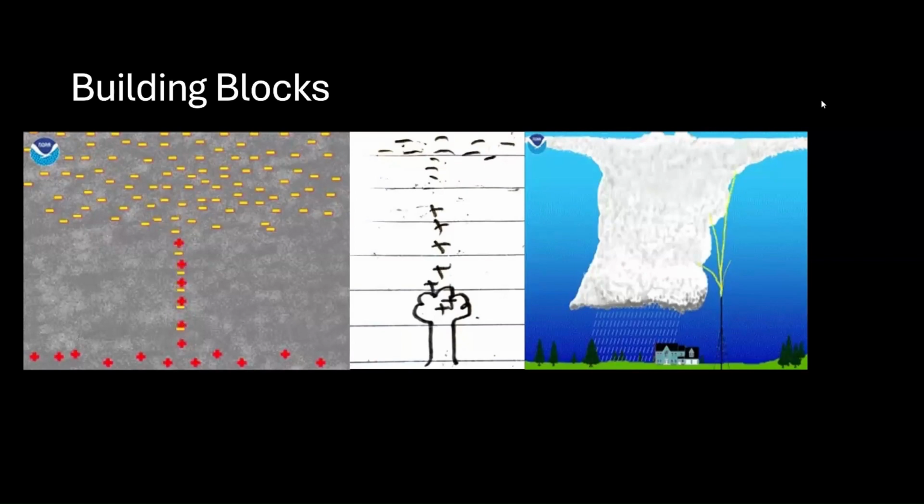And the same thing with the positive charges, they will start moving upward towards the negative charges. And once the step leader and the upward leader meet, we will start to see a powerful current shooting upwards towards the cloud, forming what we know as lightning.